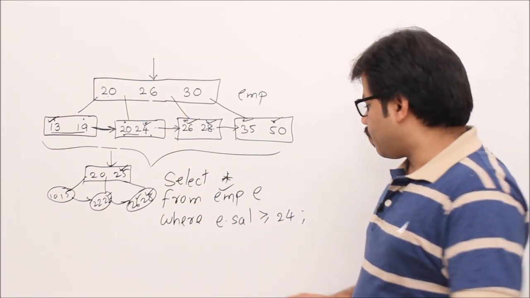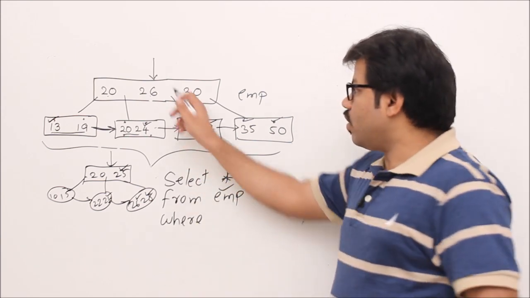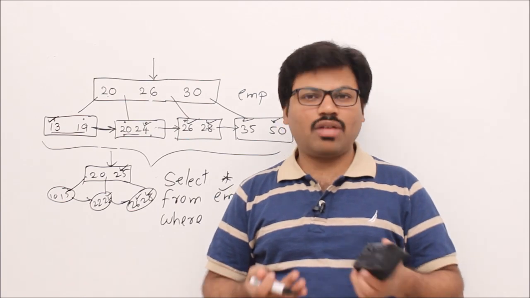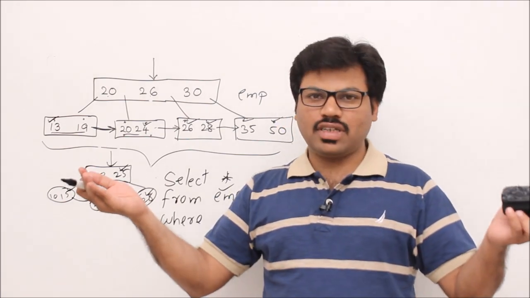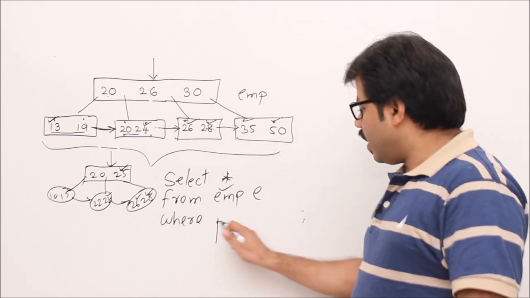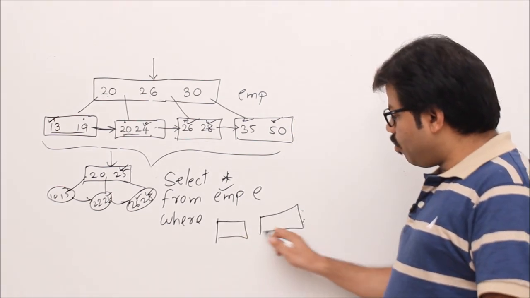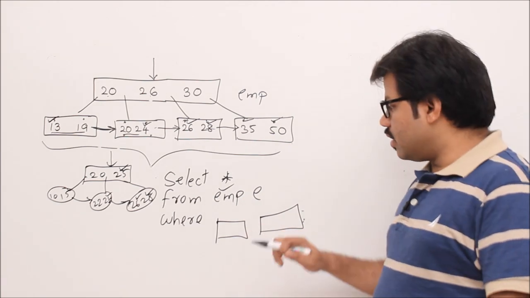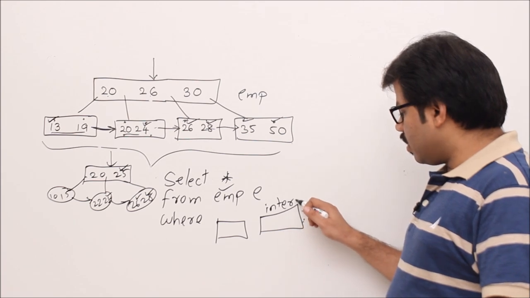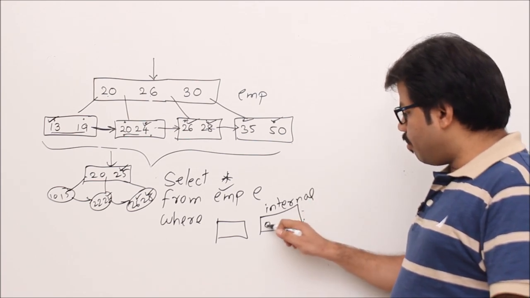So one more thing. Since your internal node has more keys and more tree pointers, if you compare with B trees, and you take a B tree and a B plus tree with the same block size in your computer, then automatically the internal node of the B plus tree will be more packed.